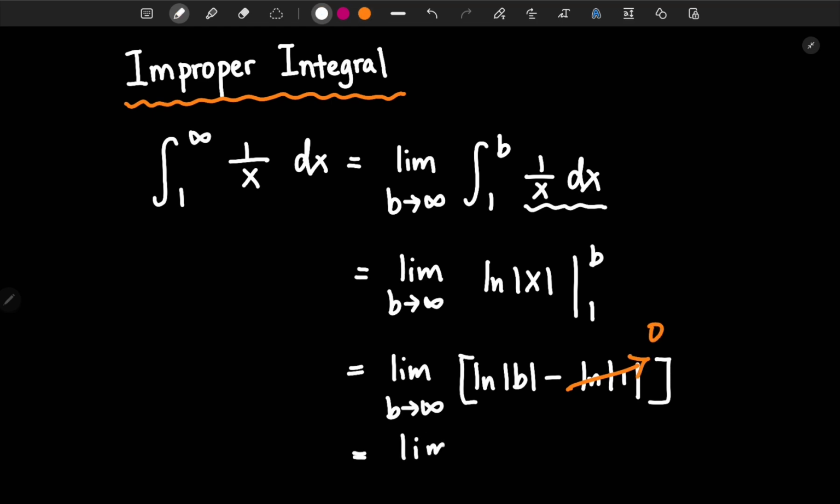So the limit as b goes to infinity of ln of b also goes to infinity. So after you evaluate the integral and plug in your values, the limit goes to infinity. That means this integral diverges.